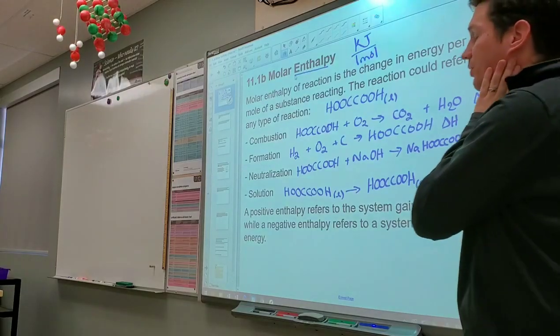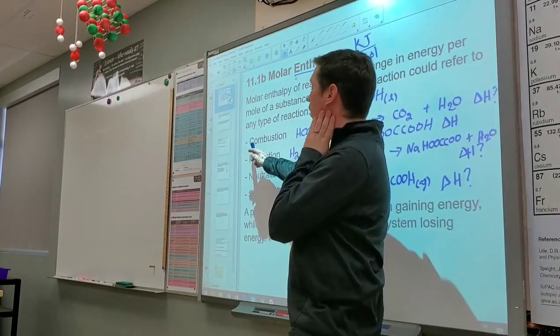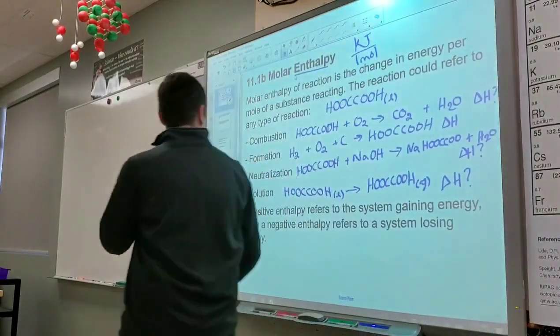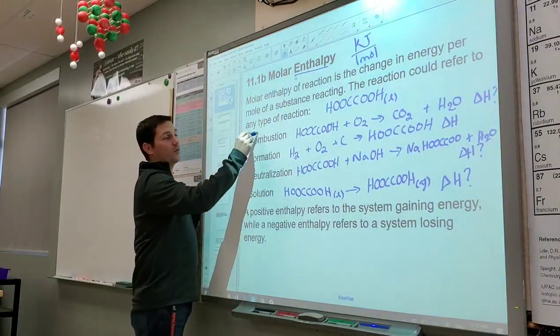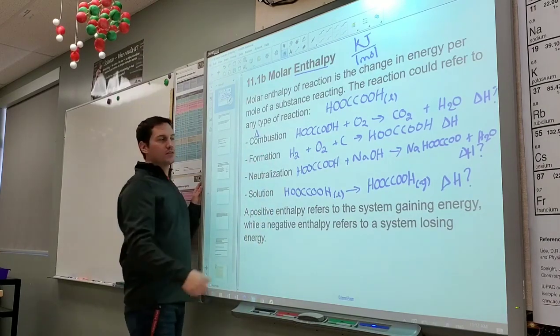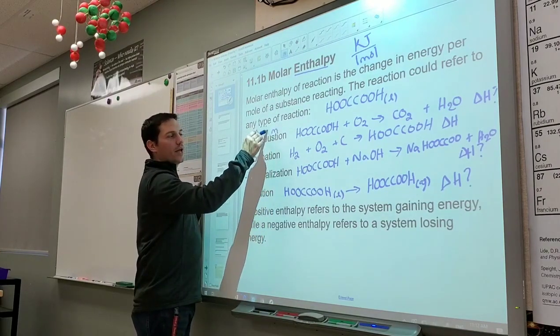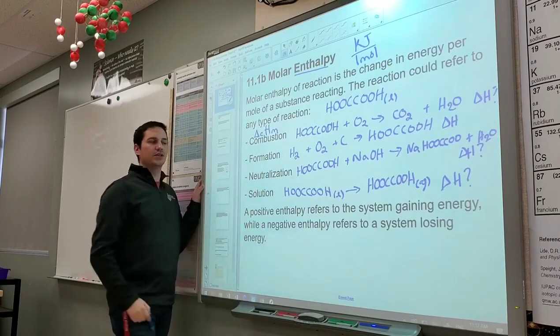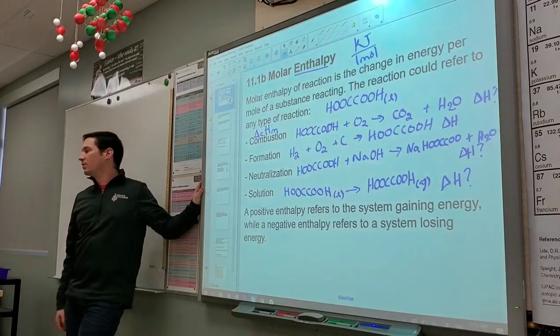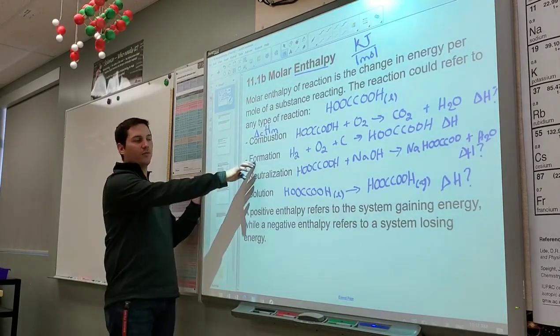What letter do you think we would use for combustion? C. So it's kind of backwards. It's the molar enthalpy of combustion. That's the way you read it, backwards. What would formation be?